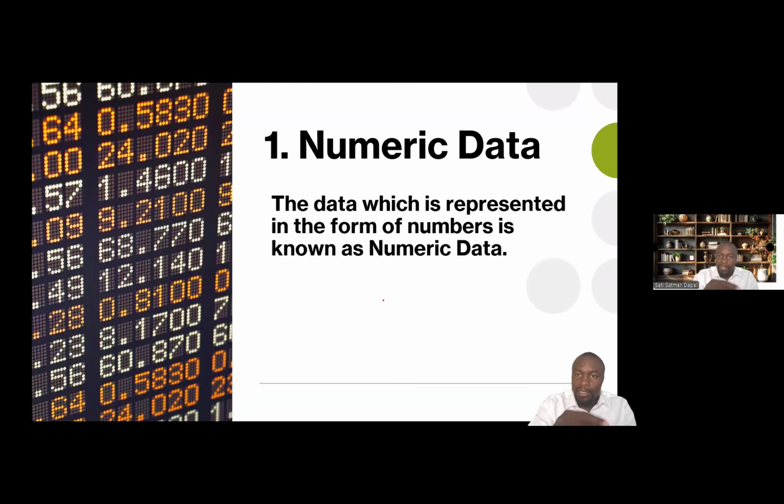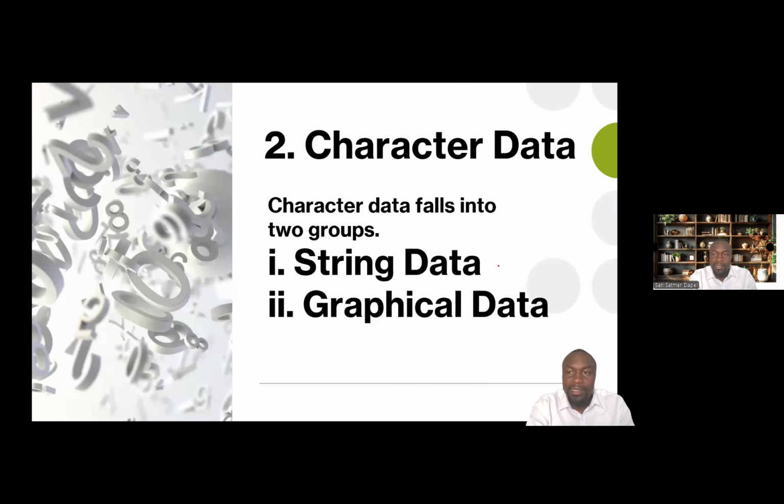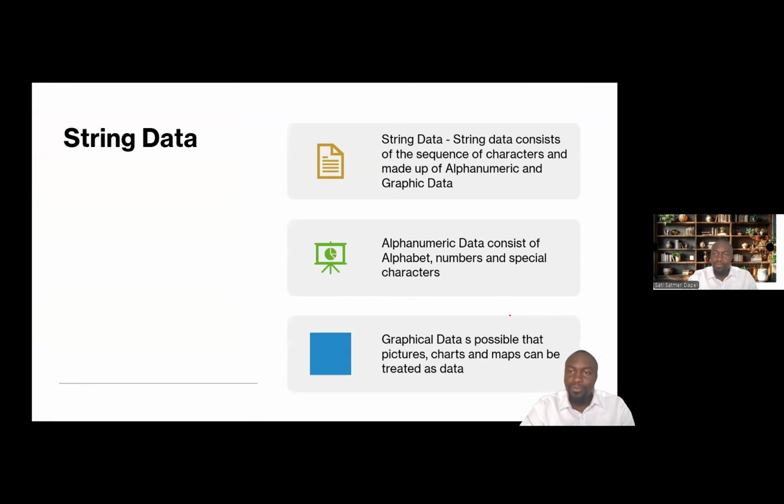Now, the numeric data, like we said, represents numbers, while the character data is divided into two. We have what we call the string data, and then we have what we call the graphical data. Okay, now, what is the difference between the string data and the graphical data?